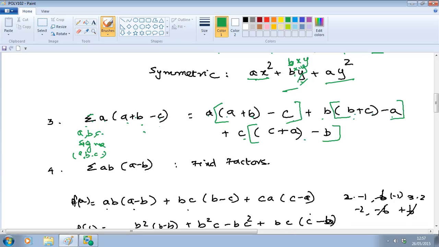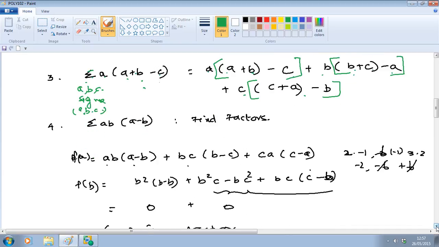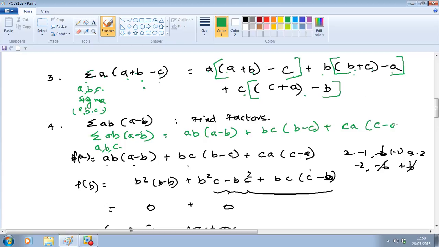So the next problem: sigma ab(a − b). Find the factors. So what do we mean by sigma ab(a − b)? This is equal to ab(a − b) + bc(b − c) + ca(c − a).